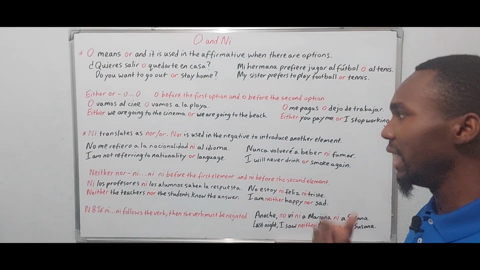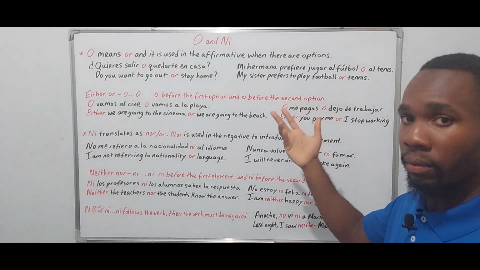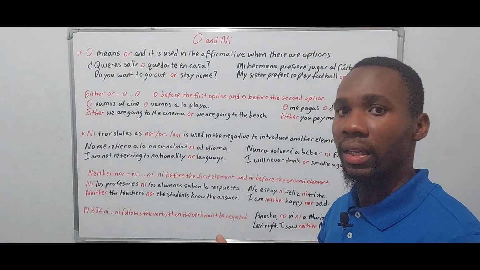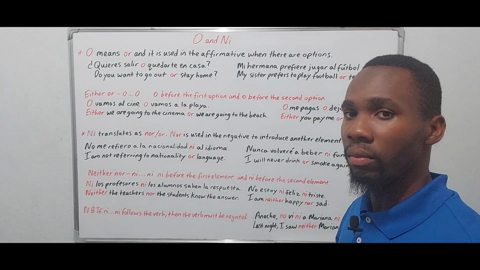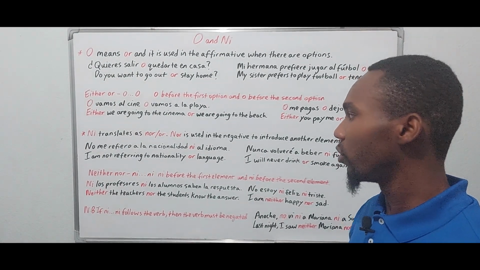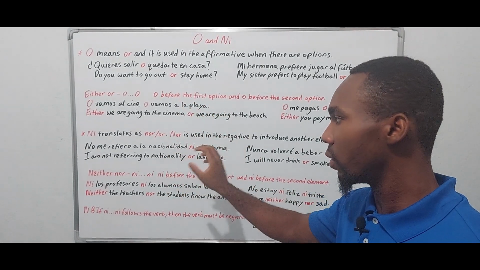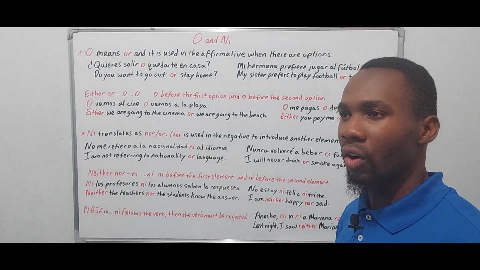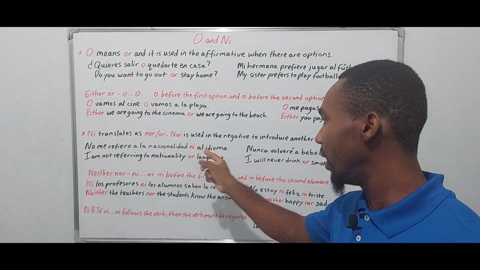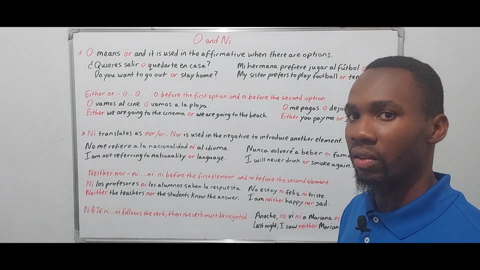So yes, ni is basically the negative version of o. We use it to introduce another element, but when we're talking about negation, right? So just like we did either or, we are going to talk about neither nor. Now in English, nor is usually used with neither. This is why in these two sentences we use or, because nor is used with neither.